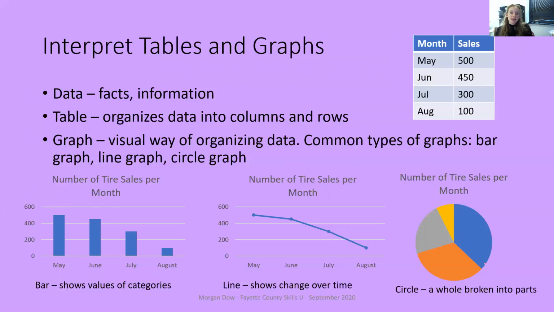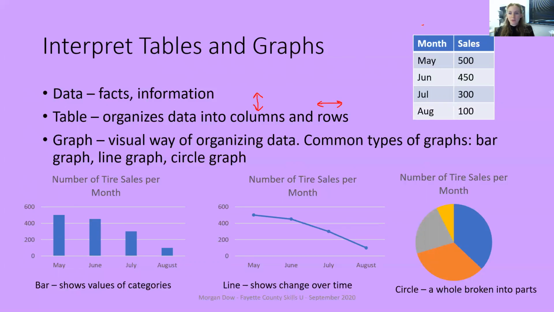Okay, and then a table is just a way of organizing data where we organize it into columns and rows. So columns are what goes up and down. So columns are vertical and rows are what goes side to side. So rows are horizontal.